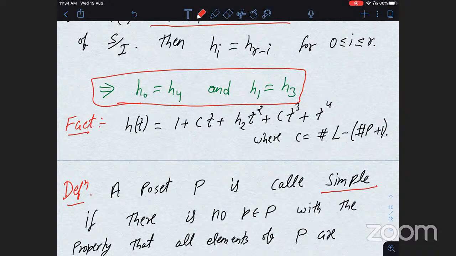The h polynomial will be equal to 1 + ct + h_2 t^2 + ct^3 + t^4, where c is the codimension of the Hibi ring. The codimension is equal to the embedding dimension, that is the number of variables in the ring, minus the dimension of the Hibi ring, that is equal to the cardinality of P plus 1.